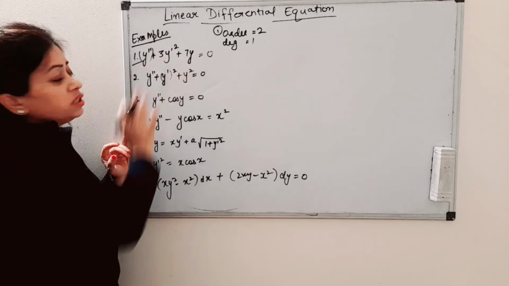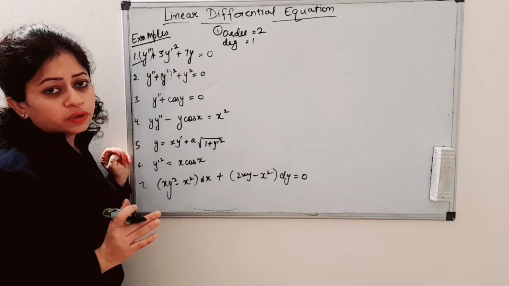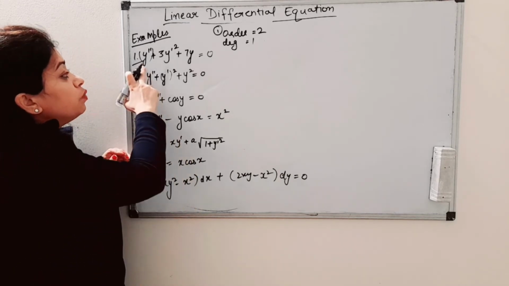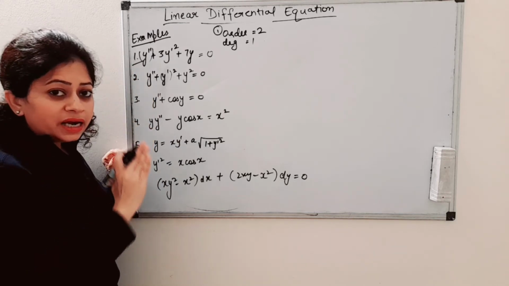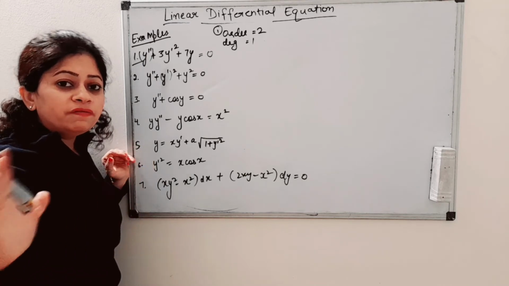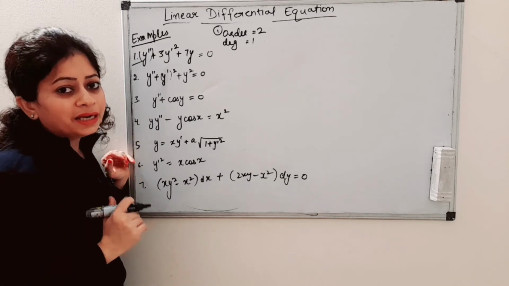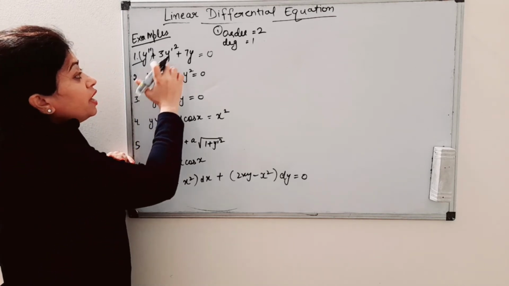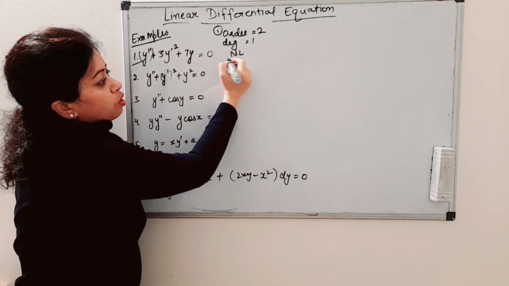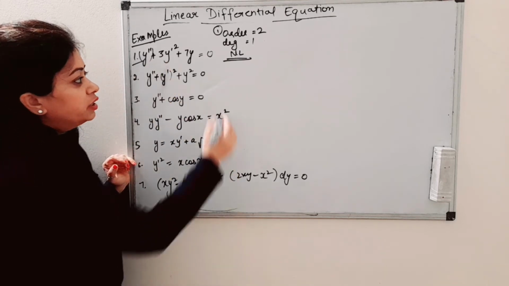All derivatives should be of power 1, and we should not have product term of function and its derivative. Here first order derivative is of power 2. So this differential equation is non-linear.